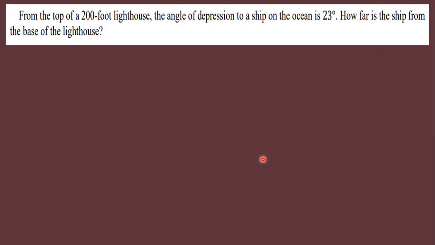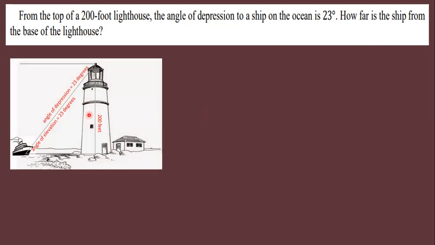As you can see there, we have an angle of depression to a ship on the ocean, and this is what it looks like. This is the illustration: from the top of a 200-foot lighthouse, the angle of depression to a ship on the ocean. So this is depression. Remember that depression is going down, right?